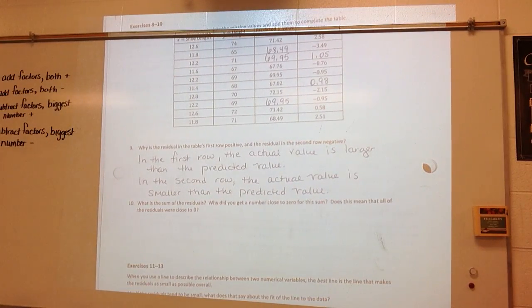Alright? What is the sum of the squared residuals for the line y is equal to 25 3/10 plus 3 66/100 x and the data of exercise 11? Alright, so it says the sum of the squared residuals. So I would square, alright, here's what I would do.